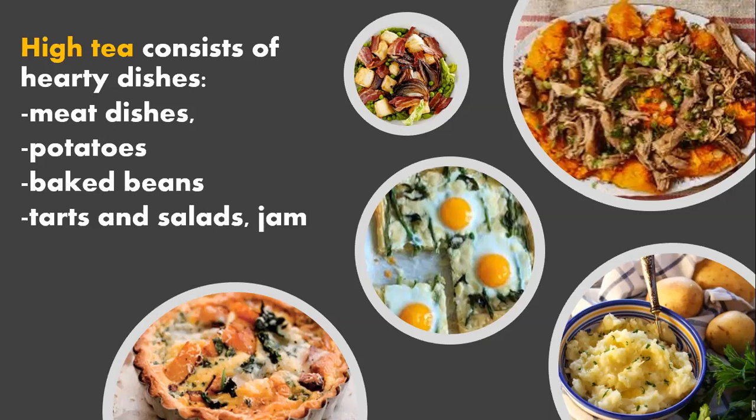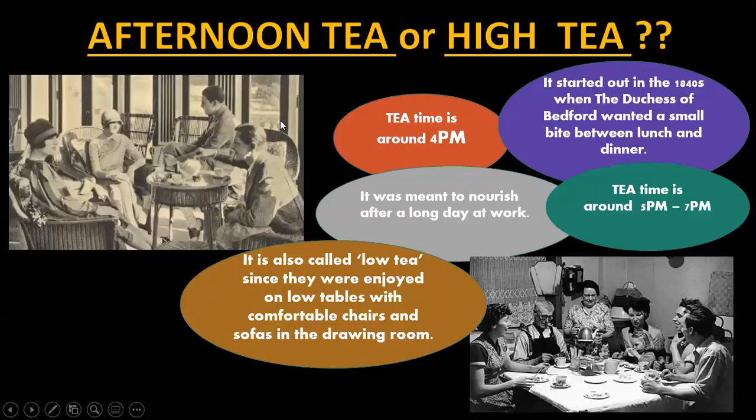So let's go to the origin and to the history of this afternoon tea and high tea. Let's see what are the differences. So here you have two pictures. The two different pictures are showing if this is the afternoon tea or the high tea.